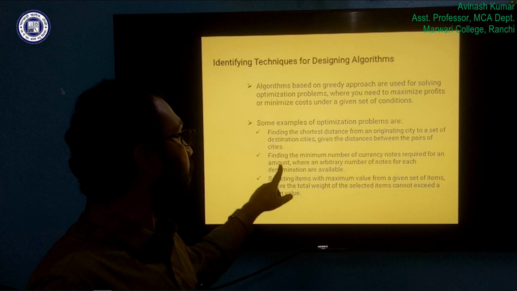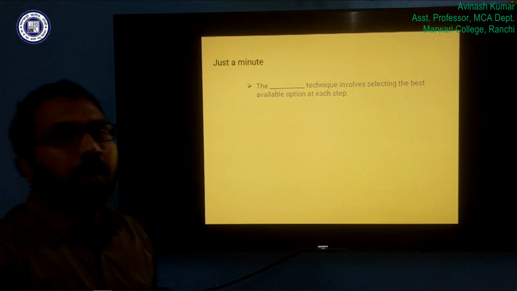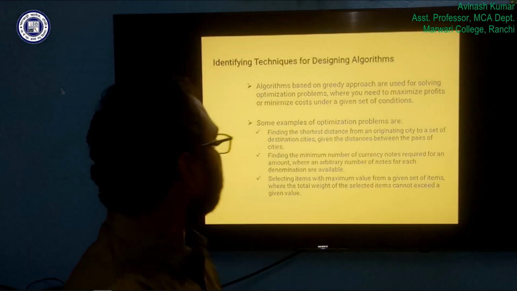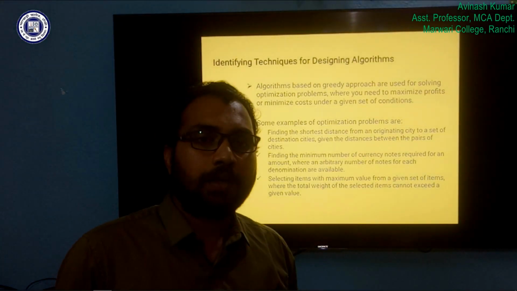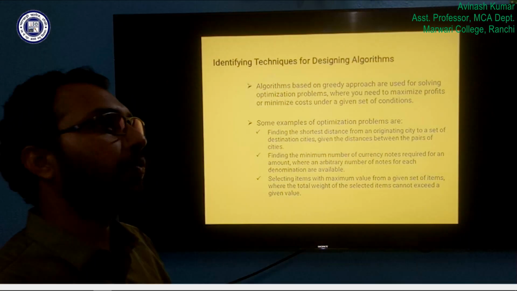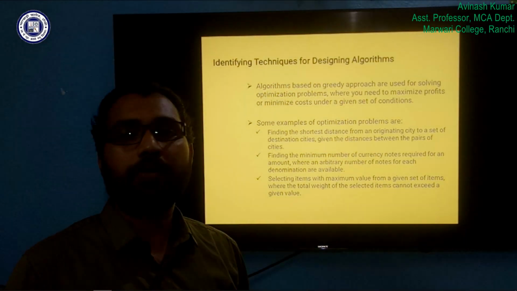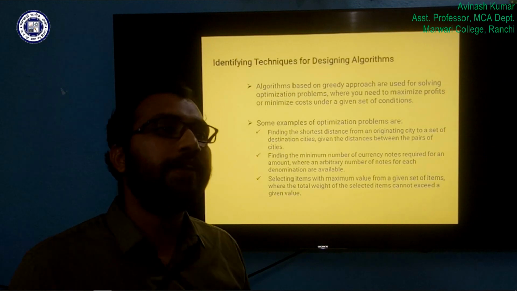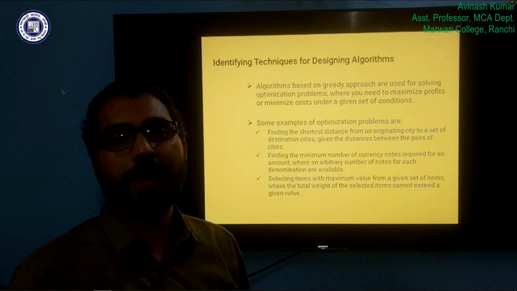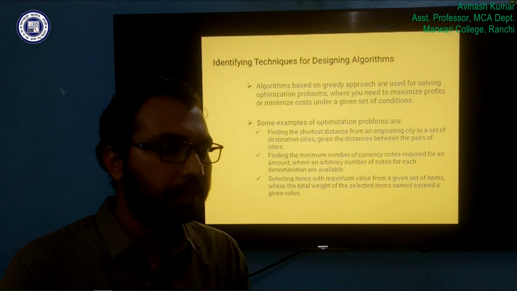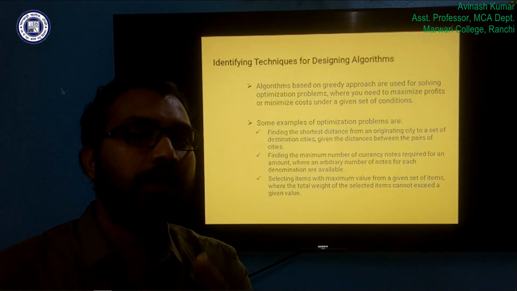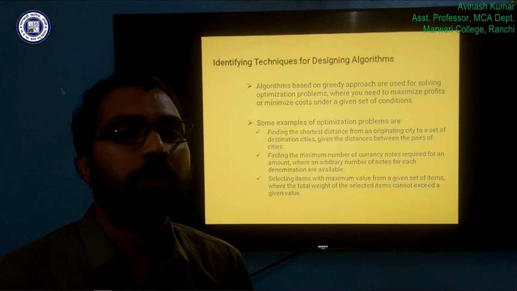The second one is to find the minimum number of currency notes required for an amount where an arbitrary number of notes for each denomination are available. The second one, that is the currency problem, is somewhat like this. Suppose you have 10,000 rupees. You do not have any bag or purse to carry it. All those currencies are in the denomination of, let's say, 10 rupee or 20 rupee notes or some coins.